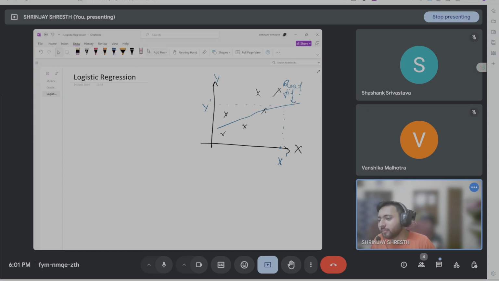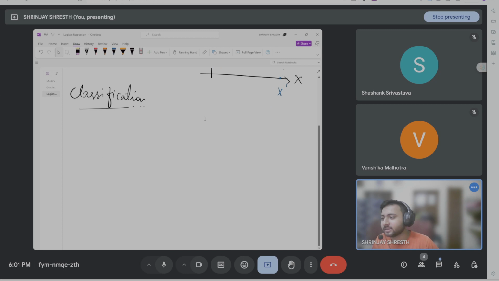Now we'll head back to see what a classification problem is. अब classification is somewhere like, जैसे for example मैं एक example दूंगा. Let us say you have a student age, ठीक है.